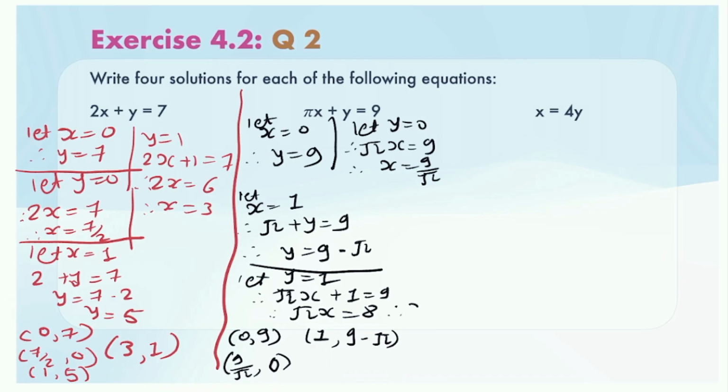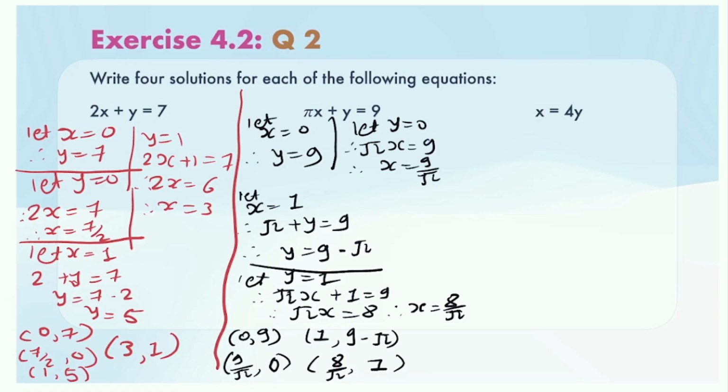And x equal to 8 by pi. Very easy, right? So when I put y equal to 1, I got x equal to 8 divided by pi. See, if you want a simple answer, not in terms of 8 by pi or 9 by pi, you can put the value of y equal to pi, then you can get the value of x, or you can put a desired value of x and y, right?